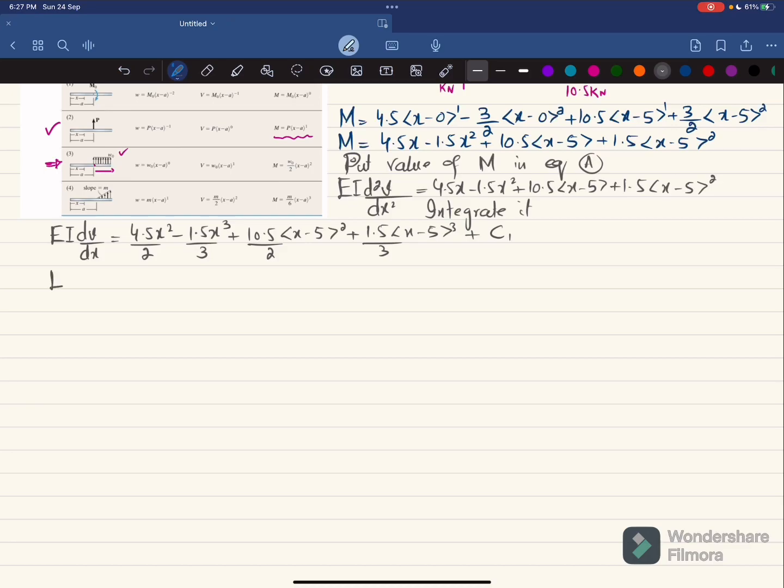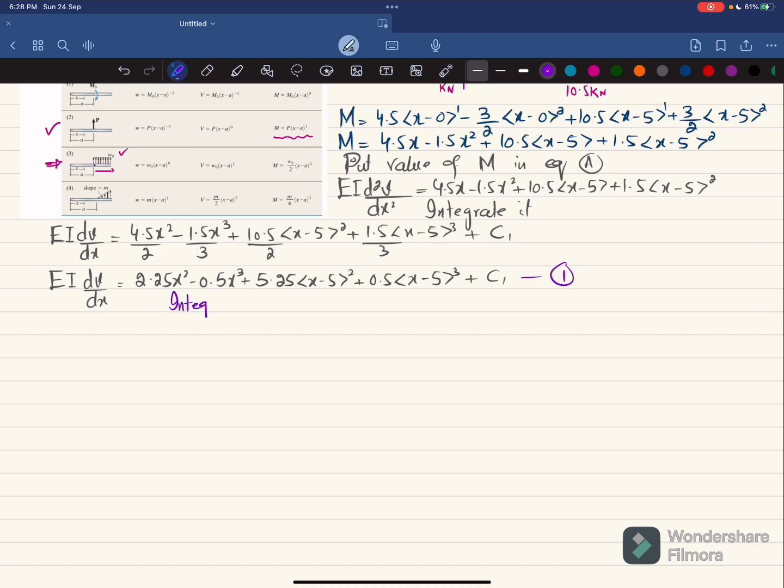So if you further simplify it, you will get EI into dv over dx will be equal to 2.25 x square minus 0.5 x cube plus 5.25 into x minus 5 power 2 plus 0.5 into x minus 5 power 3 plus C1. Now this is your equation number 1.